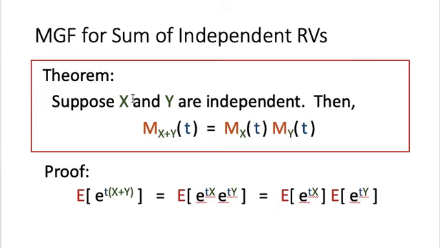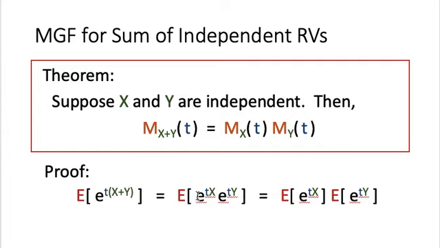If you tell me that X and Y are independent, that means that given any information about X, I would not have any change in my view of what happens to Y. So in that sense, given any information about e to the power tX will not affect my view of what happens to e to the power tY.